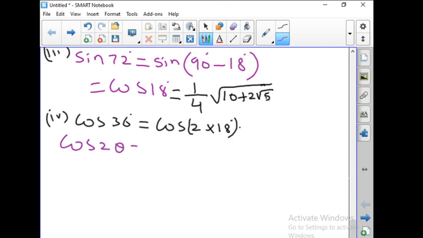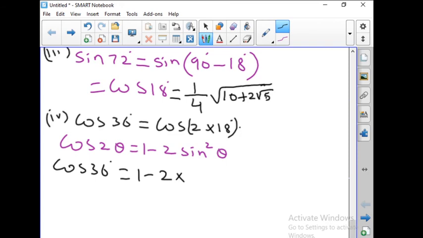Cos 2 theta is equal to 1 minus 2 sine square theta. So we will use this. So cos 36 is equal to 1 minus 2 into, what is sine 18? Sine 18 is root 5 minus 1 by 4, the whole square.